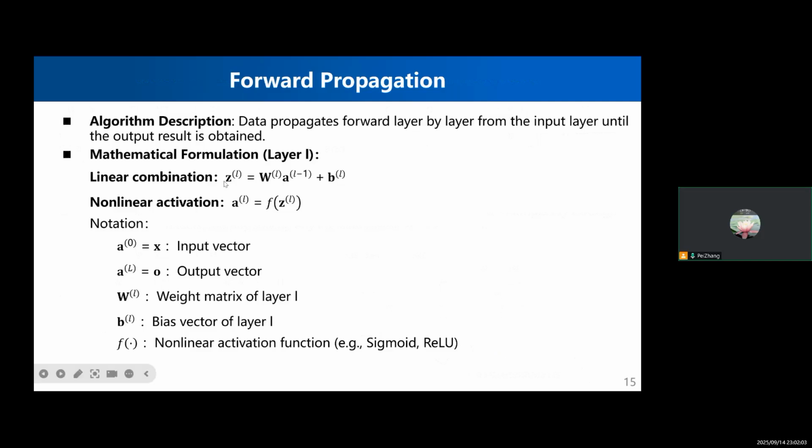The input for the linear combination is the input of level L-1, A, multiplied by the weights of level L, plus the bias, which equals the input of the hidden layer, and the output of this hidden layer is obtained through an activation function.